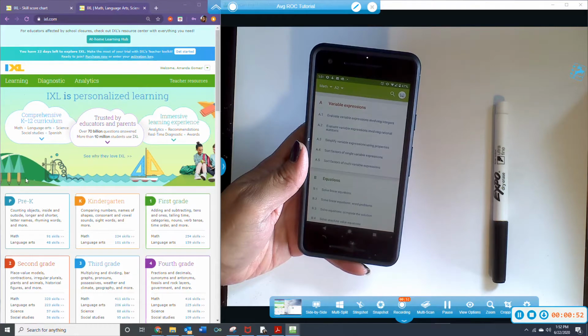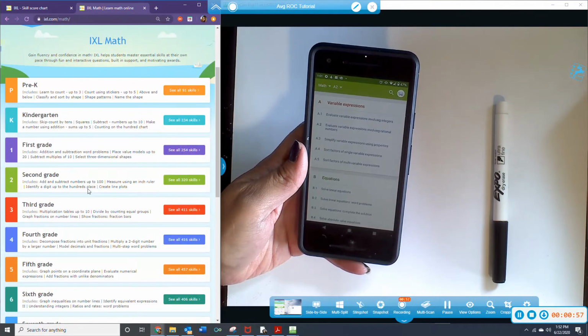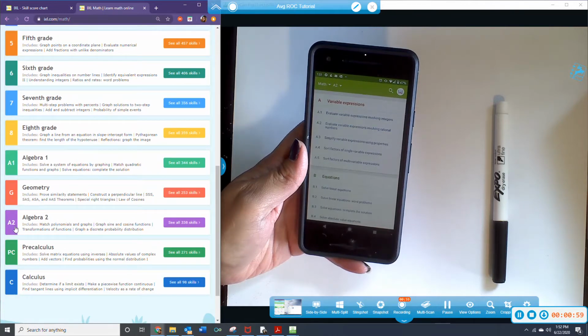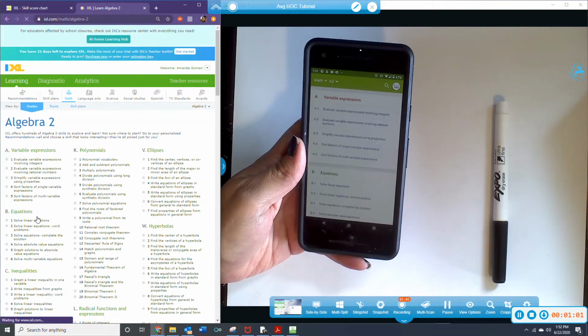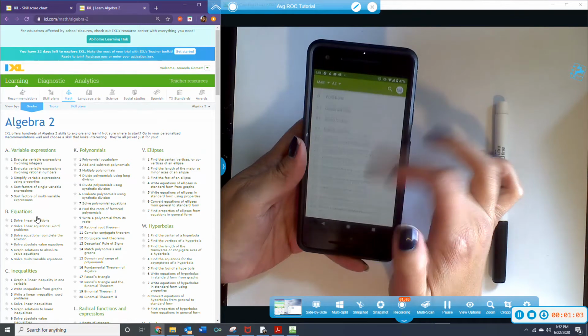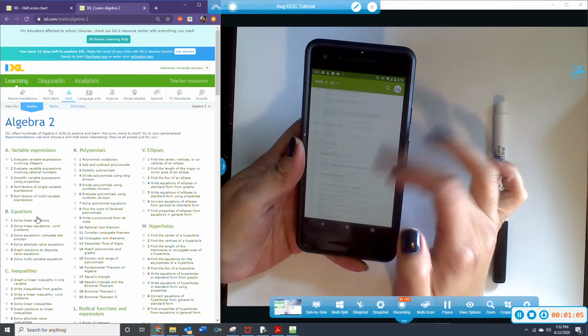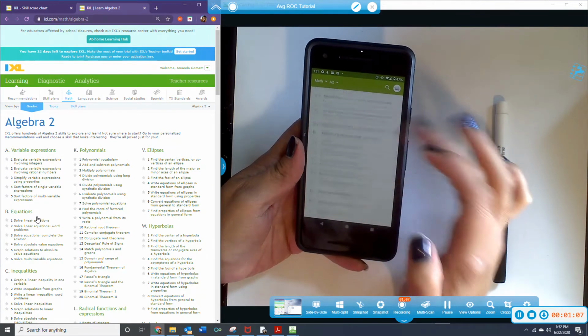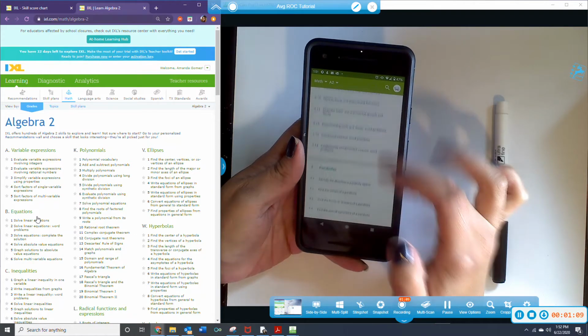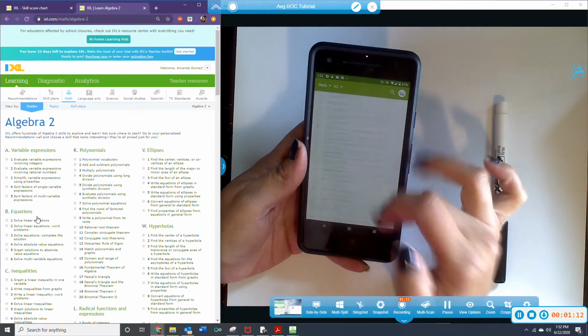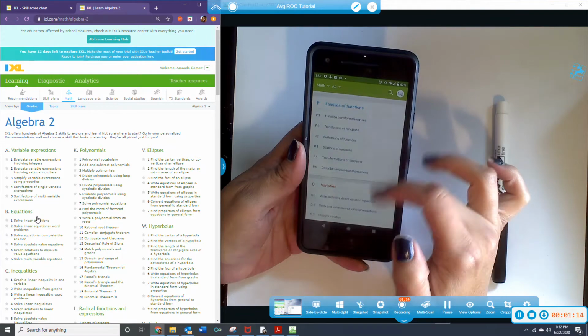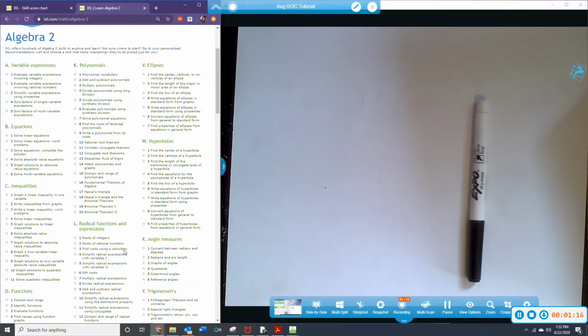Let's go ahead and go into... here we go. Algebra 2. Now, the cool thing is if you just start scrolling through here, you'll notice that there's a ton on here. I thought I saw it light up here.